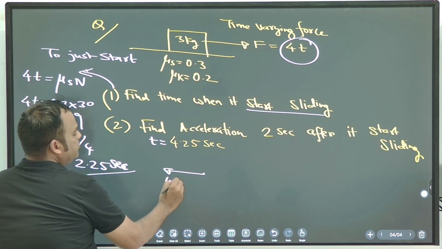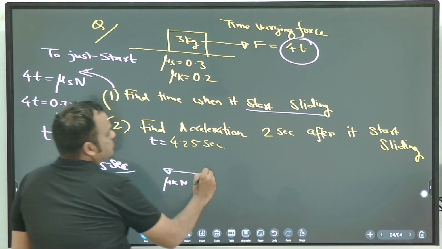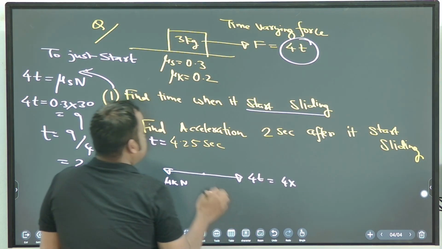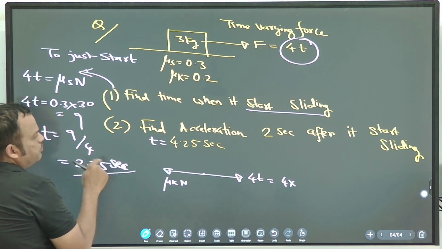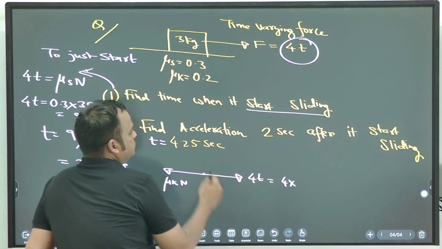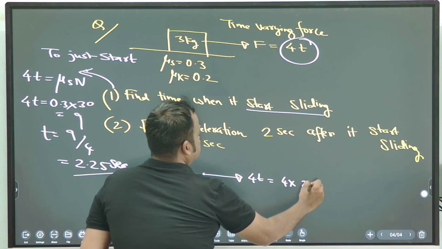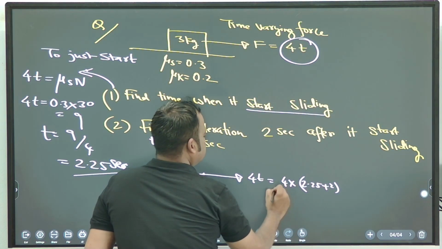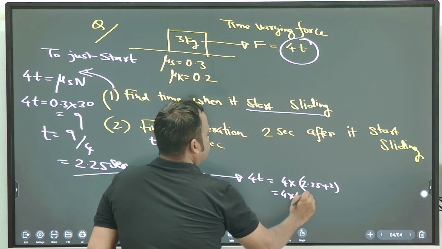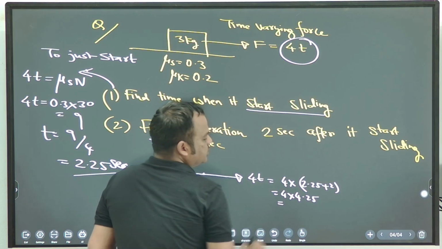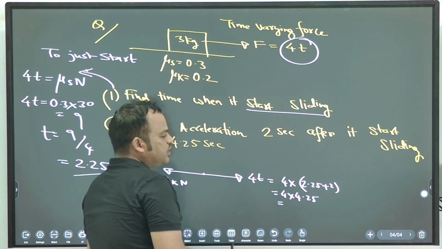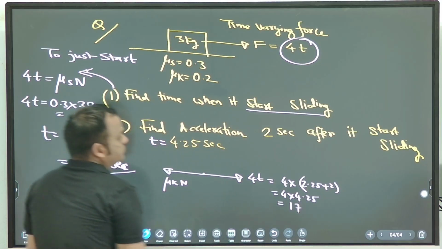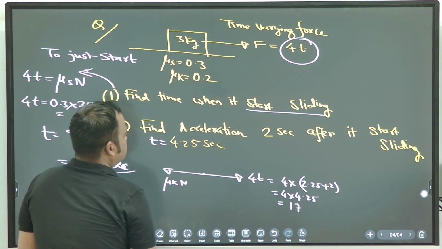So kinetic will be mu k n, and the right side force will be 4t, and the time value is 2.25 plus 2, so that is 4.25. So 4 into 4.25. What is the external force? 4 into 4.25, how much? 17. Good.